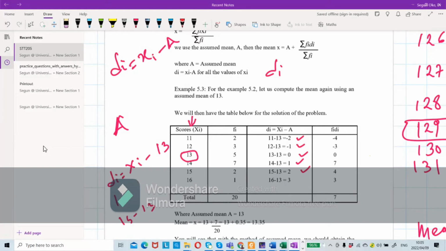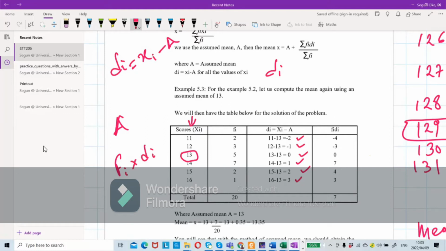I hope you are getting it. It's in your book. Then 16 minus 13 is what? 3. So what you do is multiply our Fi by di.